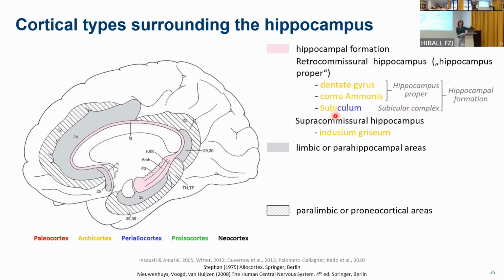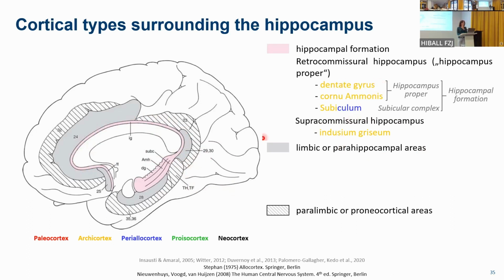It's not the cytoarchitectonic area subiculum, it's the subicular complex. And then we've got the indusium griseum, which is a very, very primitive part of the hippocampus that's just visible as a dark stripe all along the corpus callosum, and belongs to the so-called supracommissural hippocampus.